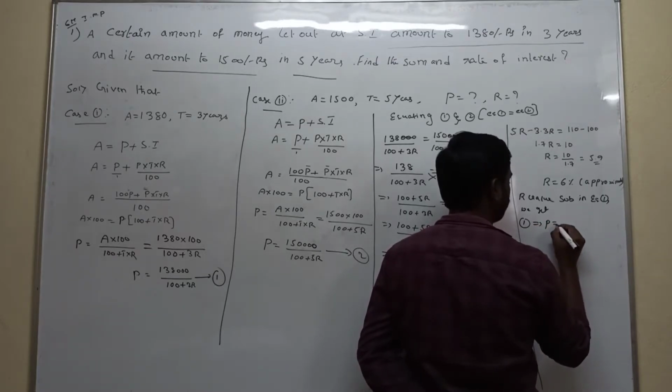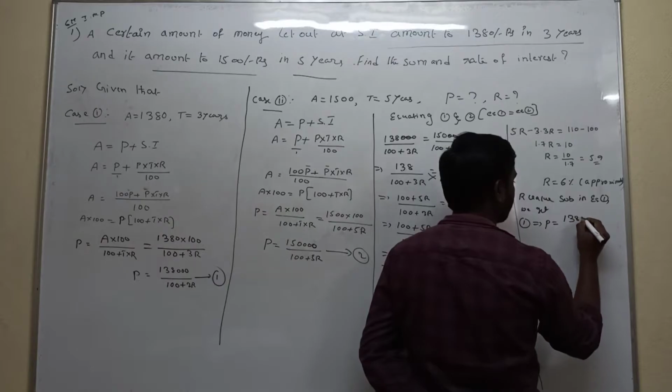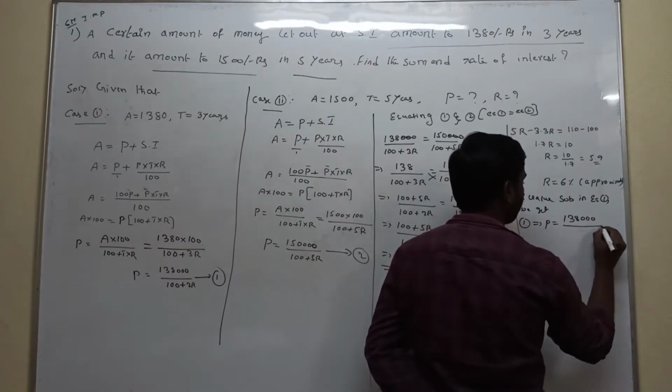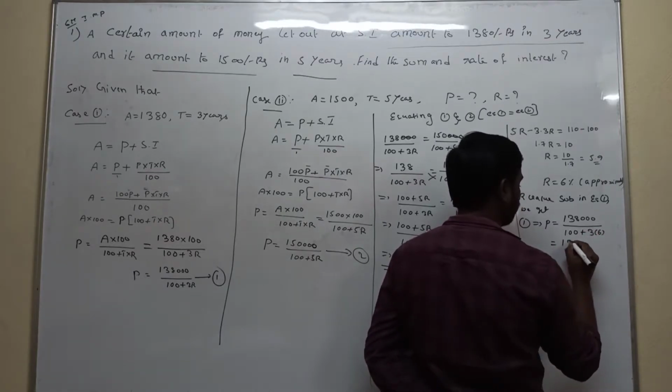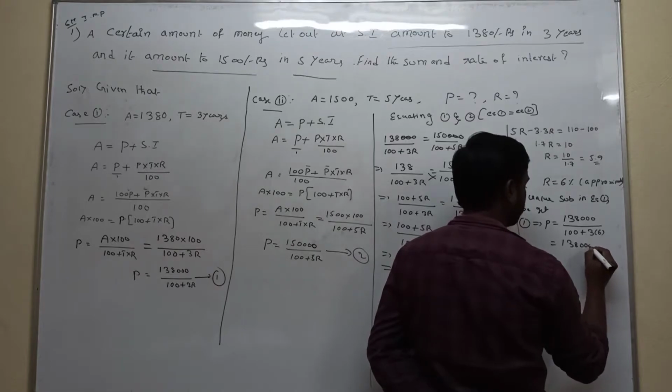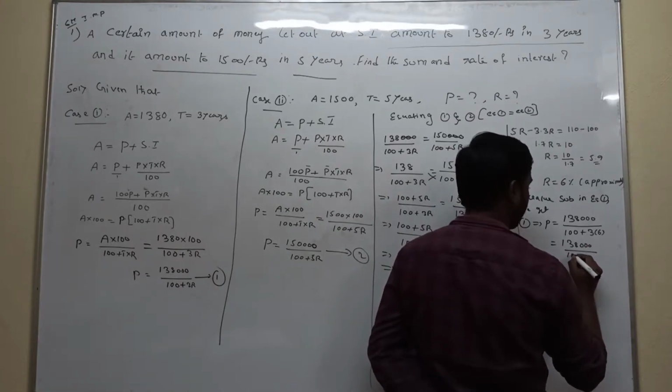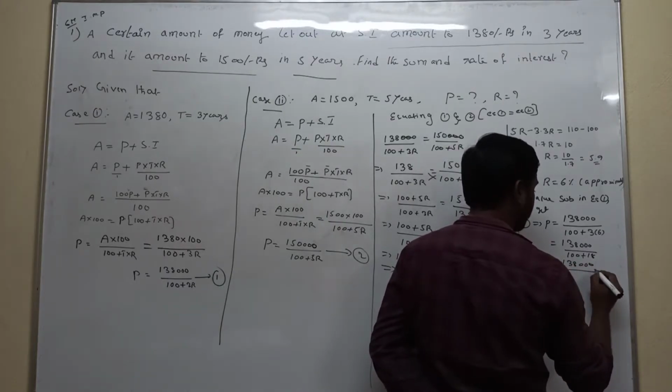P is equal to 1,38,000 divided by 100 plus 3R. The R value is 6, so P is equal to 1,38,000 divided by 100 plus 3 times 6, which is 18. So 1,38,000 divided by 100 plus 18, that is 118.